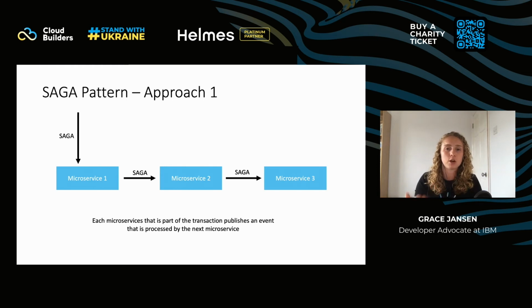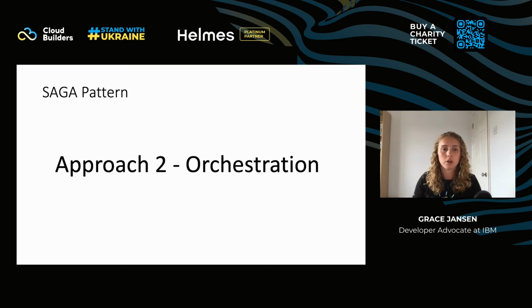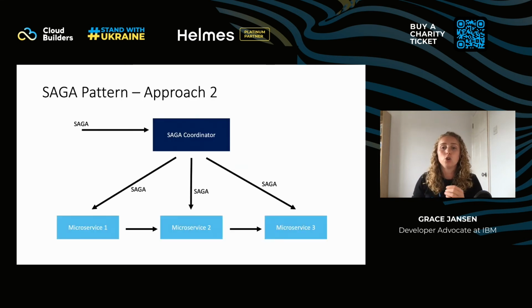This is the example I just showed you, where we were sending those requests directly to the microservices. Each microservice here is part of the transaction and publishes events for the next microservice to act on. The second approach, and this is one that I have in one of the demo apps that I'm going to show, is orchestration. In orchestration, you do have a single orchestrator that manages all the transactions and directs services to execute local transactions.